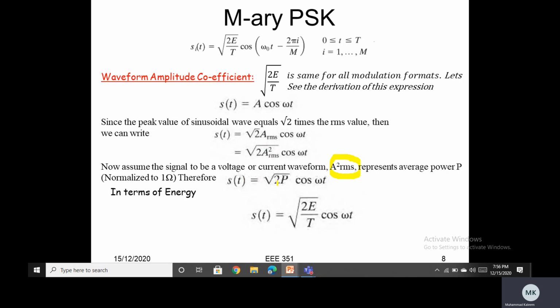So s(t) is equal to square root of 2P cos(omega t). And if I use power in terms of energy, work done per unit time, and energy per unit time, then that is equal to square root of 2E over T cos(omega t). So that's where this 2E over T comes into this equation, which is also called the waveform amplitude coefficient.